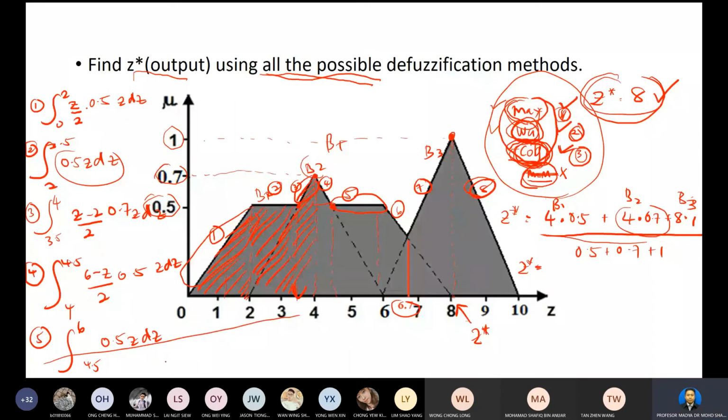For example, from 0 to 2, z times 0.5 dz.